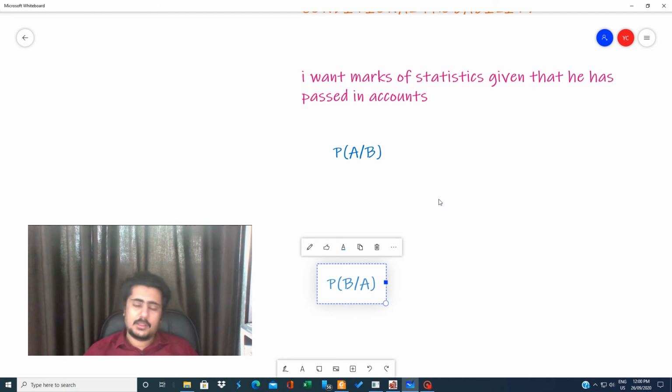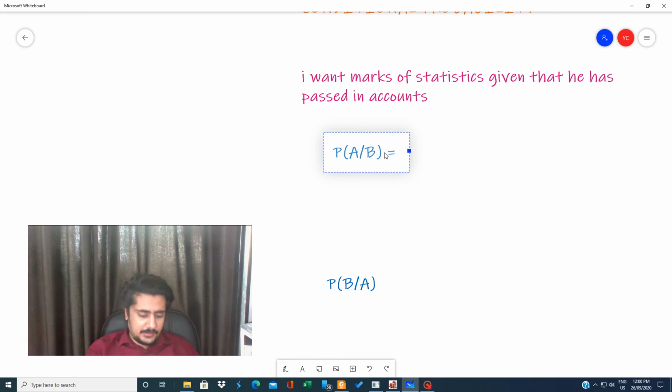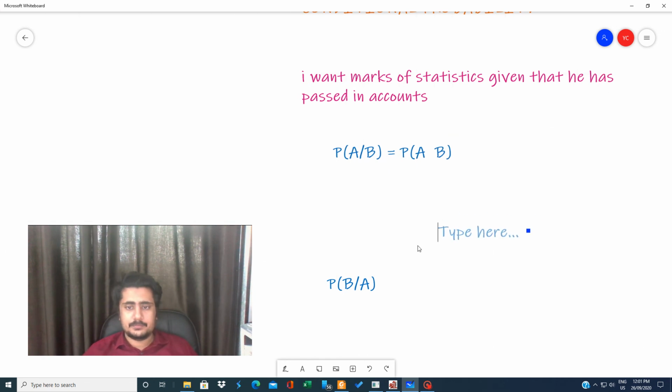I'll teach you what is B upon A and what is A upon B. First, I'll write the formula. So the formula is P of A intersection B upon P of B. As I told you, this is intersection. So A upon B is P of A intersection B upon P of B.